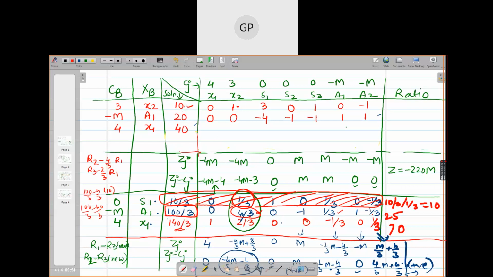हमने यहाँ पे z की वैल्यू कैलकुलेट नहीं की गर्ल्स. यहाँ पे z की वैल्यू 560 by 3 minus 100 by 3m. कितनी आ रही है? कैसे 560 आएगा? a minus m into 100 by 3. हाँ मैम, 560 by 3 minus 100 m by 3.